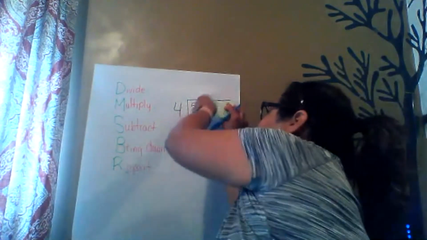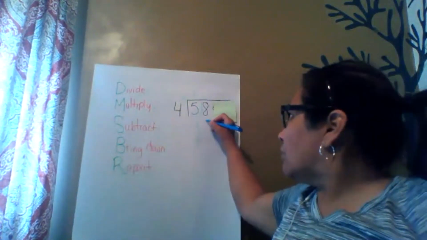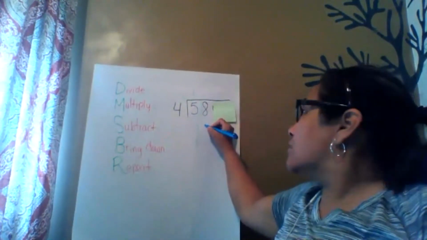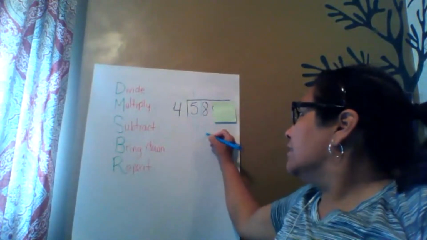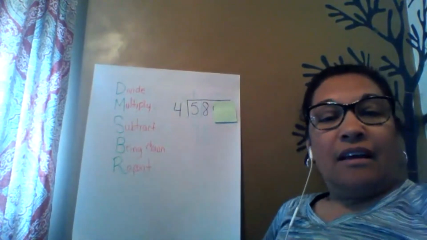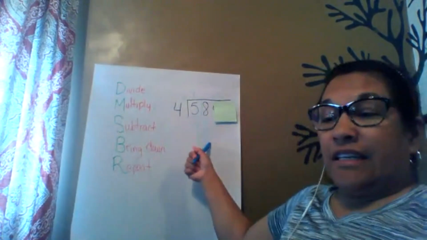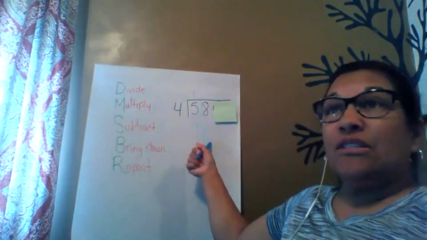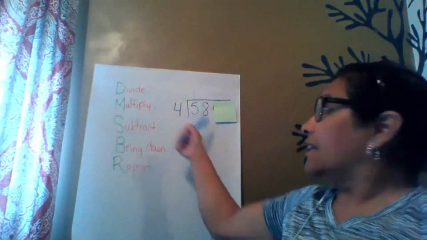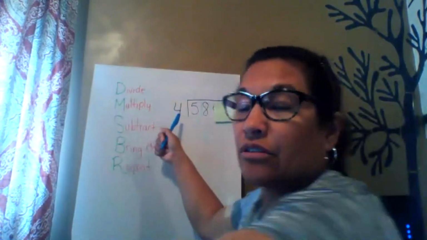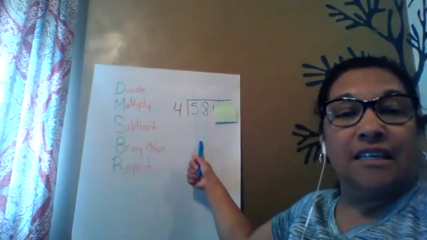Now, bring down. So I'm going to move mine here. And what do I have? 8. So I bring my 8 down. Now we have 18. 18 is my dividend, and 4 is my divisor, correct? 4 will go into 18.